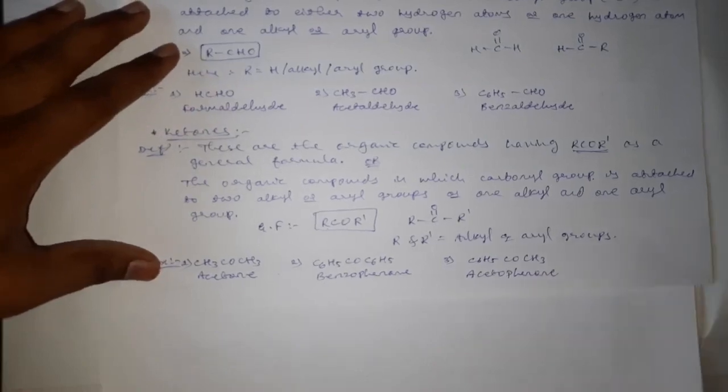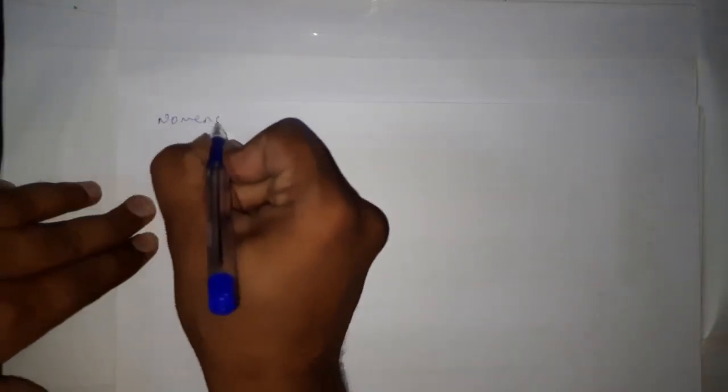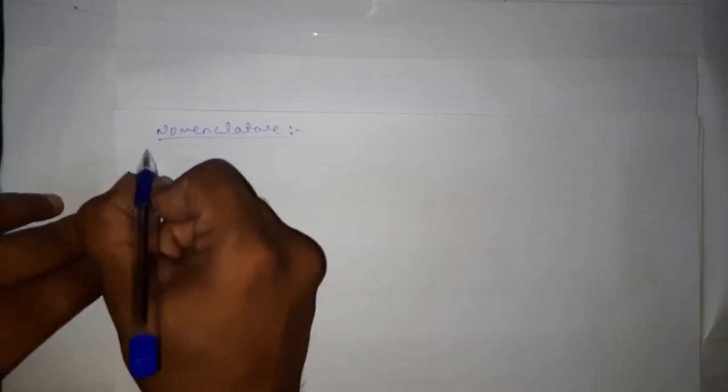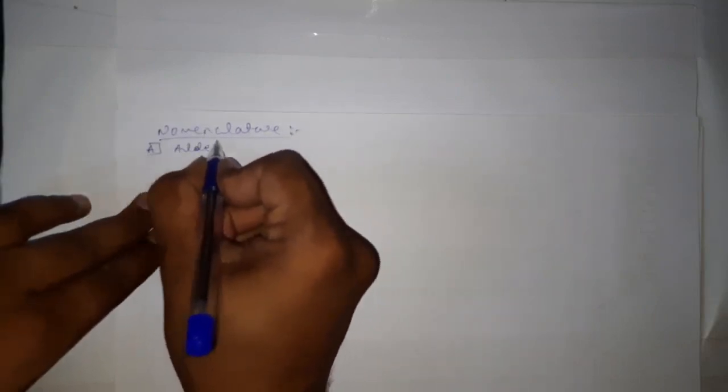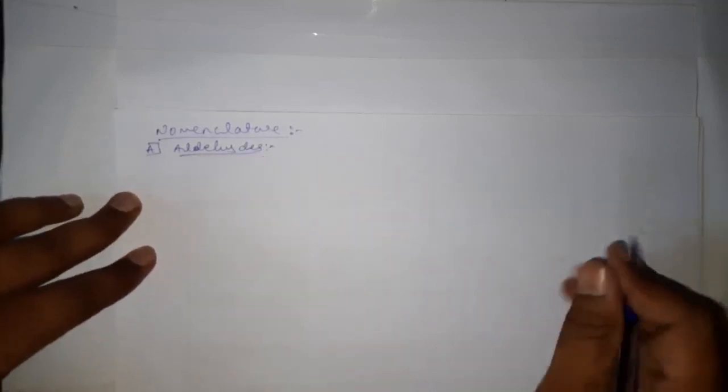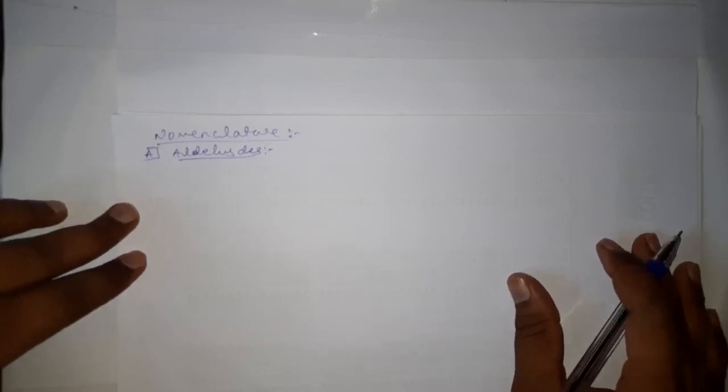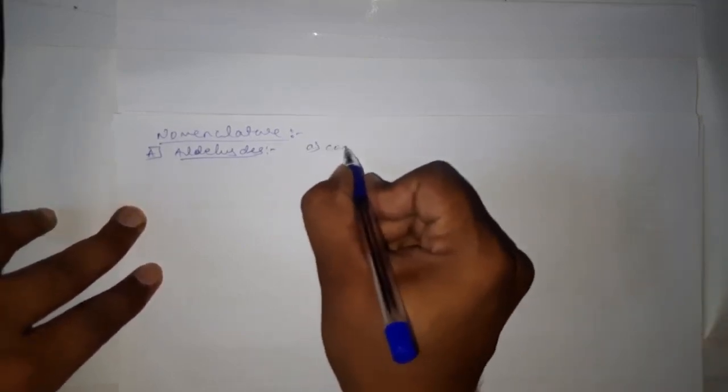Okay. Then now we have to discuss the nomenclature. That is naming system, and here we are discussing first the nomenclature of aldehydes. We know that there are two systems of nomenclature.